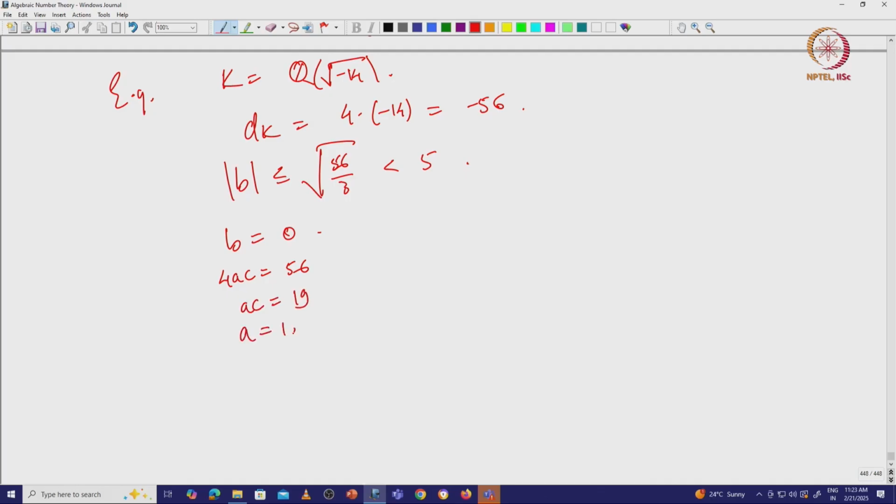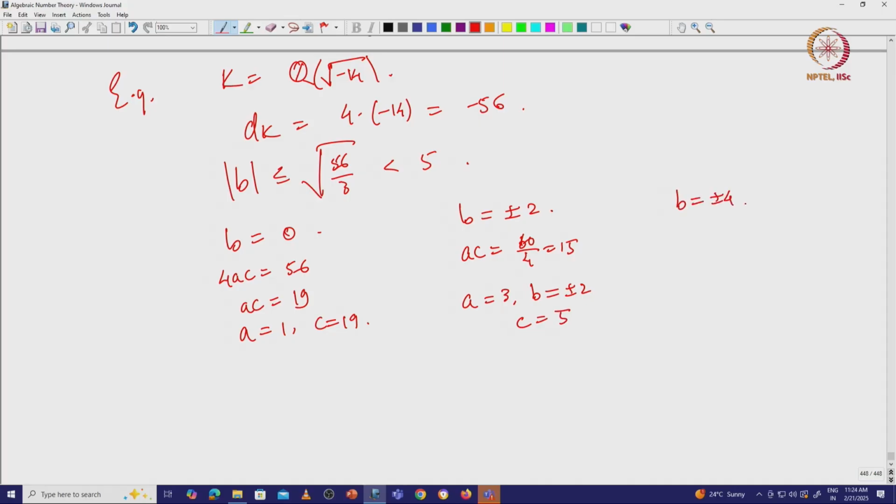So you get A equal to 1 and C equal to 19, or you can have B to be plus minus 2, in which case AC is 60 by 4, which is 15, and so A is equal to 3, B is equal to plus minus 2, and C is equal to 5.